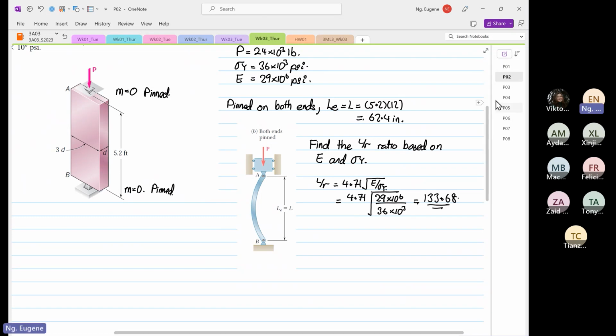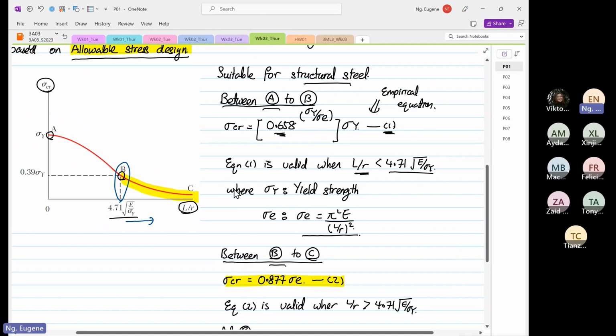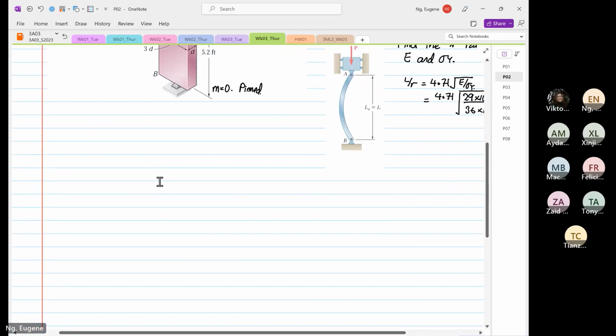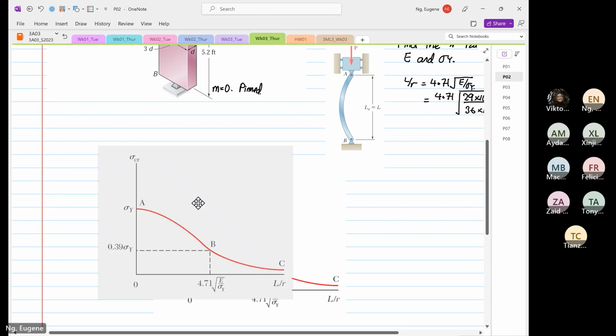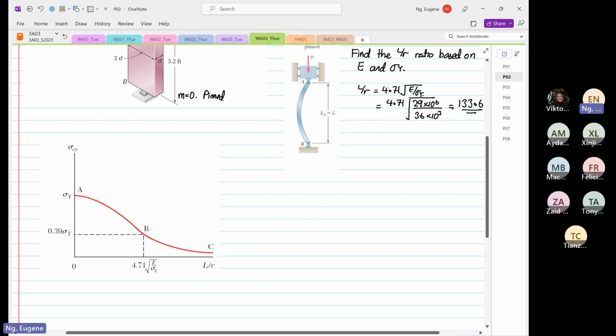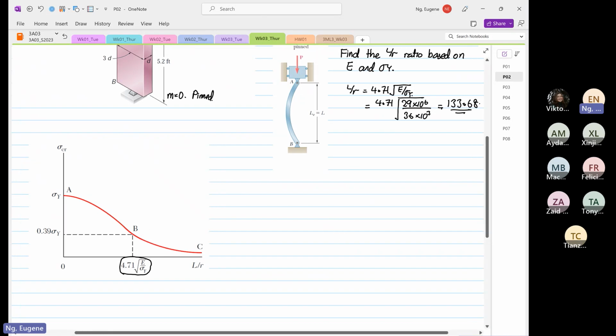Let me copy this figure to tell you what we are trying to do. We have determined that the L over R limit is equal to 133.68.